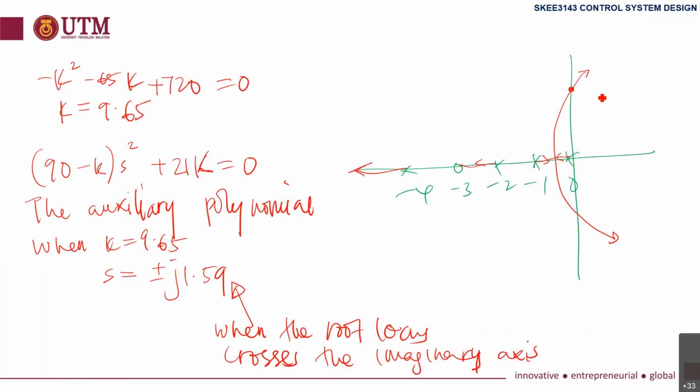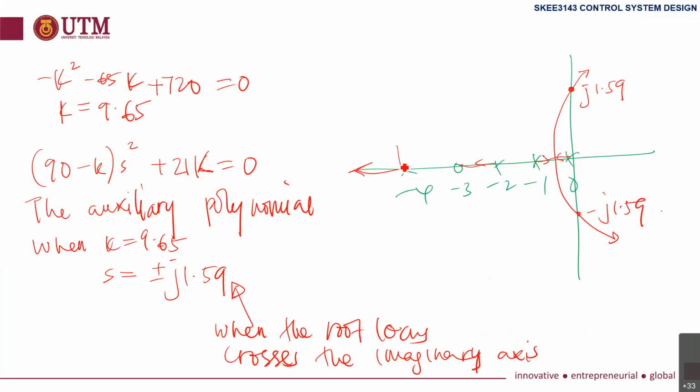Here is j1.59, here minus j1.59. This is what we mean by crossing the imaginary axis.